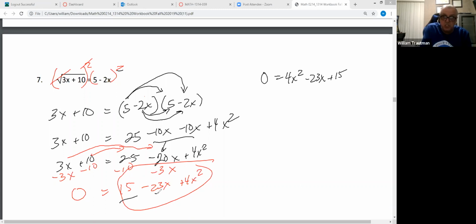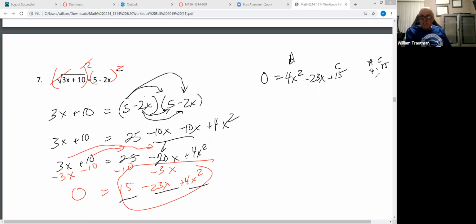I'm just changing the order of these so we have it like we normally do for factoring. There's no GCF, no greatest common factor here. So we have to factor using the AC method because there's a number in front of the x squared. So that's A, and this is C. AC, A times C, 4 times 15 is 60.